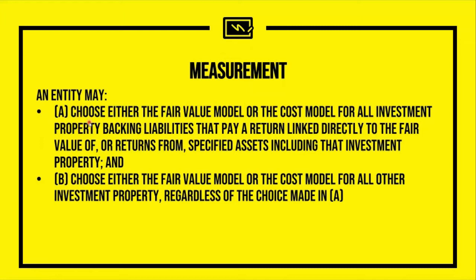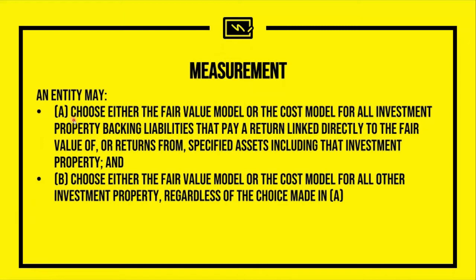So, what does that mean? It simply means that for all items of investment property that belong to Group A or Classification A, you must apply either the fair value or cost model to all of them. Okay? So it is not possible that under Class A, some are using fair value, some are using cost model.